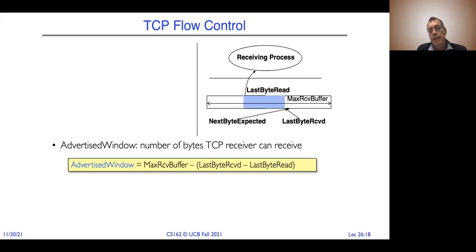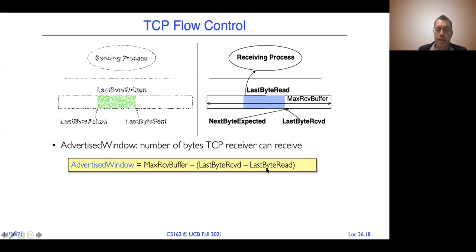If I already have 100 bytes worth of data in the buffer, I tell you, well, you can send me only 200 bytes. So this formula is computing exactly what I told you. It's the max receiver buffer minus how much data I have in this contiguous region in the buffer, which is last byte received minus last byte read. Okay.